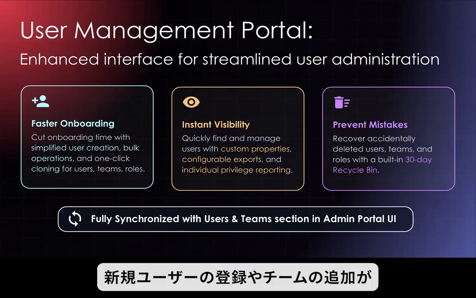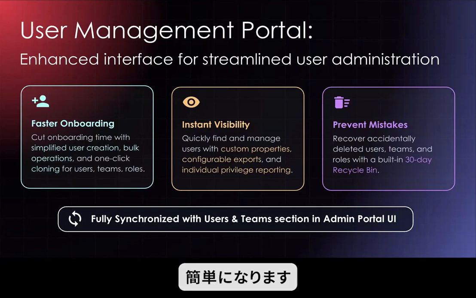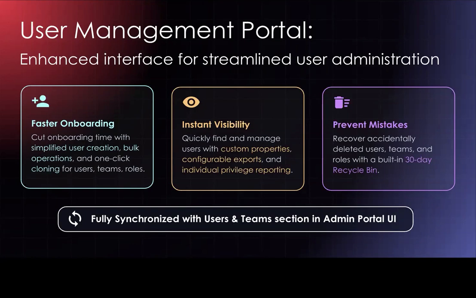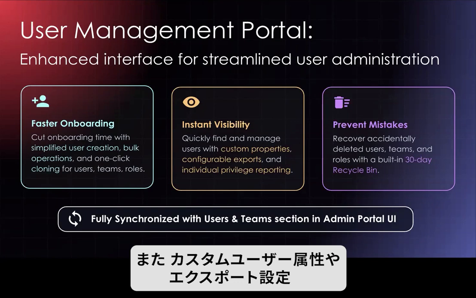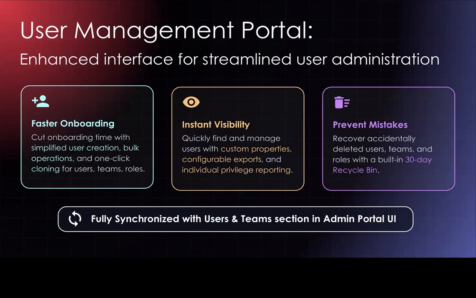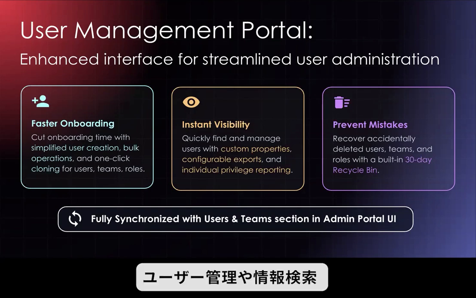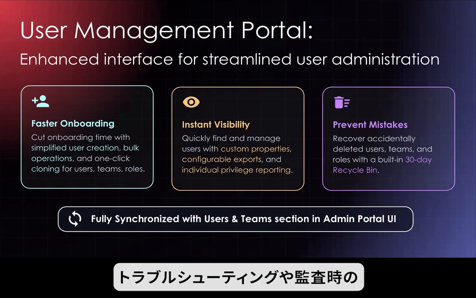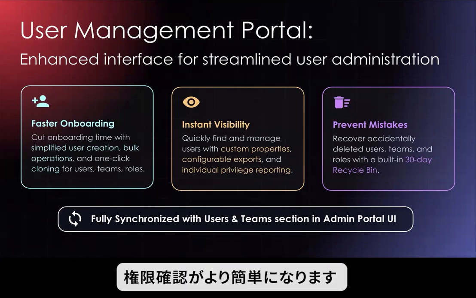These improvements significantly reduce the time required to onboard new employees or expand existing teams. We've also improved visibility and flexibility by introducing custom user properties, configurable exports, and individual privilege reporting. These capabilities make it easier to organize users, retrieve the information you need, and verify permissions when troubleshooting or auditing access is needed.